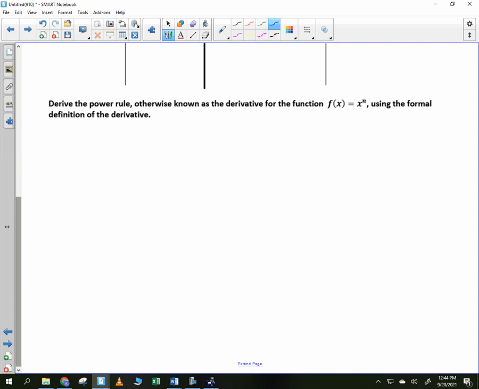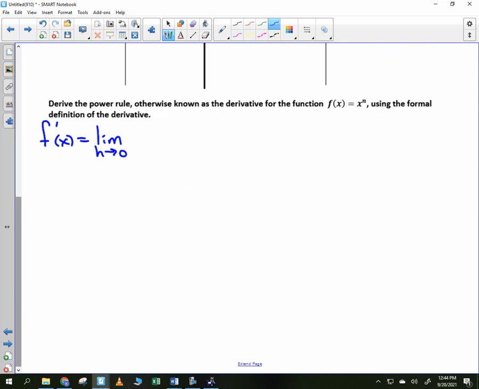We're going to derive the power rule, otherwise known as the derivative of the function f of x equals x to the nth, using this formal definition. F prime of x is equal to the limit as h goes to 0 of, and what I'm going to do is take this function x, we talked about x raised to the 58th power. I don't want to actually expand it all that far, so we're going to use a variable n.